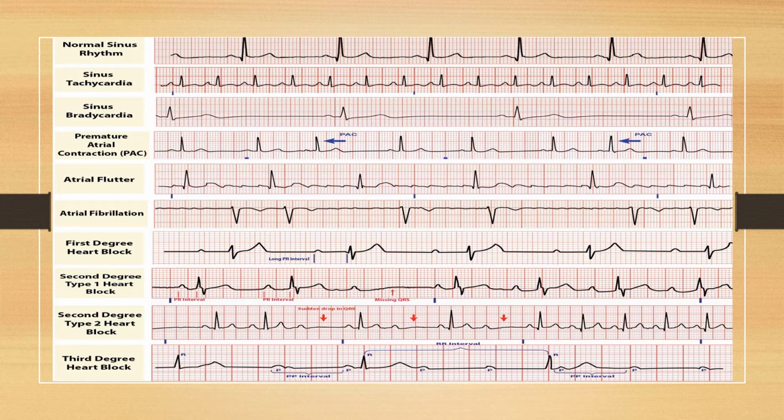Okay, next one. So we look at this rhythm, and when you eyeball it, you'll see that the distances between the QRSs are different. So it's irregular in time, right? If you felt this person's pulse, it would be irregular. It wouldn't be timed perfectly like sinus rhythm. Okay.